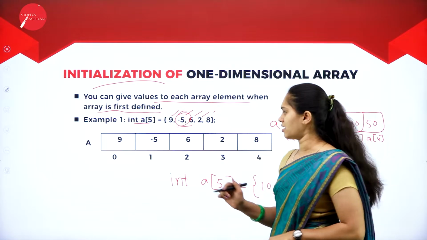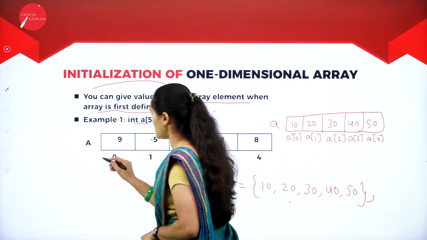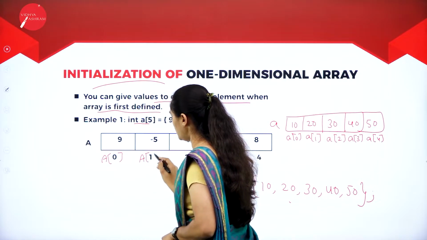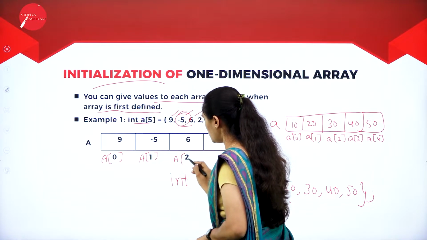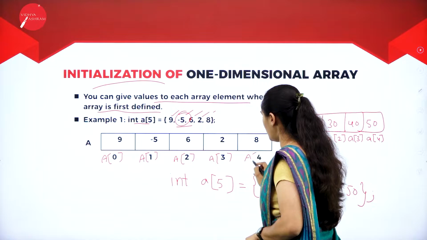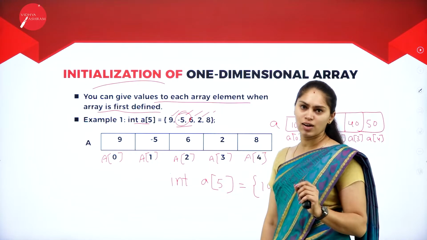That is the main thing. So 9 will be assigned as the first element. If this is considered the name of an array, then A of 1, and here A of 2, and this will be A of 3, and at last it will be A of 4. All the 5 elements will be allocated.